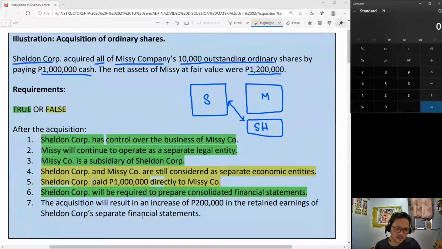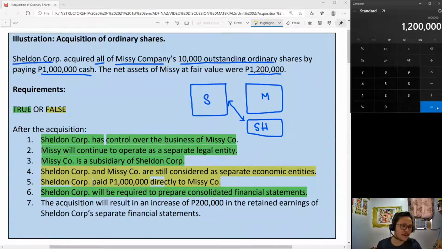Now, this statement is actually pertaining to goodwill computation. And from our previous lessons, you would know that goodwill computation is simply acquisition cost minus FINA. FINA, fair value of identifiable net assets, actually given silang dalawa, wherein the acquisition cost is 1 million and the FINA is already given at 1,200,000.